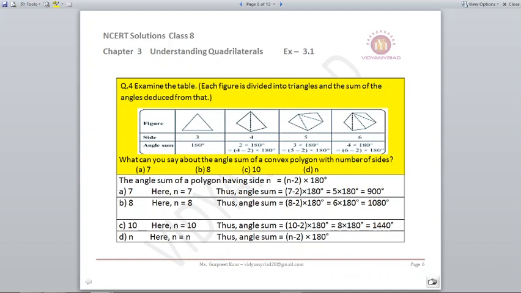When the sides are 10, then 10 minus 2 into 180, the answer comes to 1440. And when the number of sides is n, we write n minus 2 multiplied by 180 degrees. So when you have the number of sides, you can find the angle sum of that shape by putting it into the formula n minus 2 multiplied by 180 degrees. Remember that n is the number of sides of that polygon.